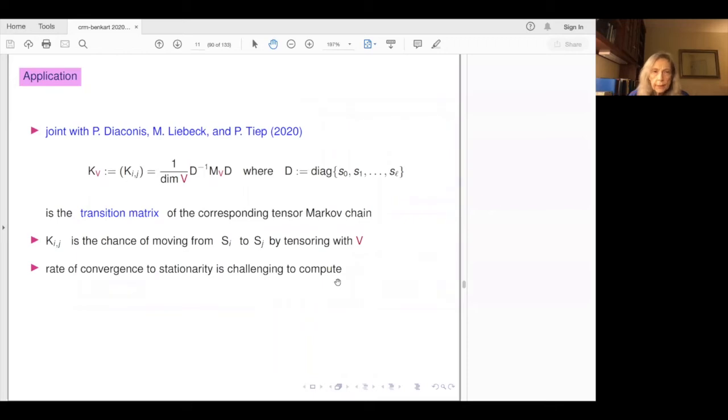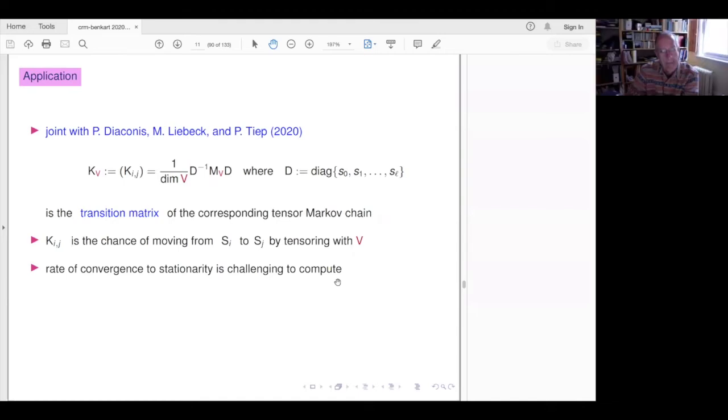Then we're taking powers of k, so we're letting this Markov chain just run, and then asking, when do we get something that's close to the stationary probabilities that we first assigned? And it turns out that these rates of convergence were really difficult to compute.